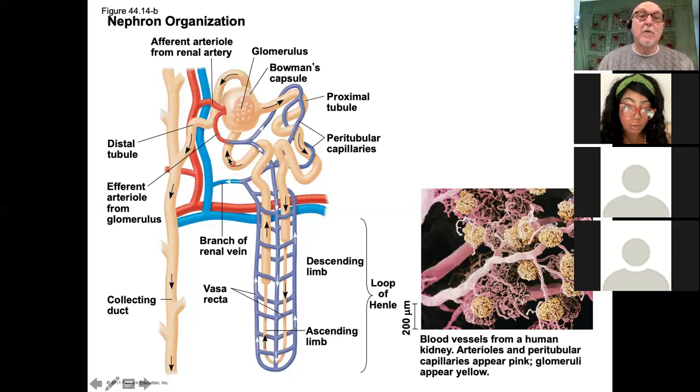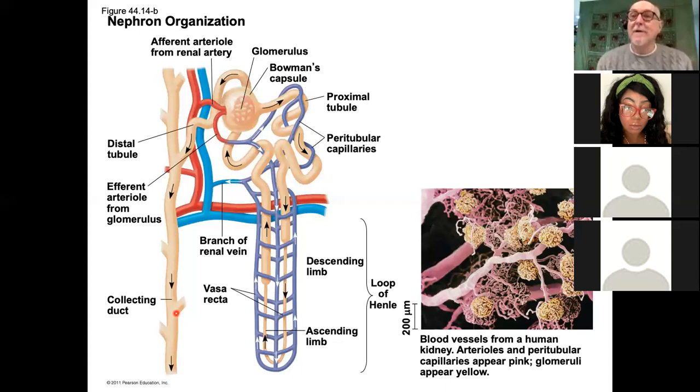Now, all the fluid has been extensively processed as it went through all of these, and can now be referred to as urine, and it is passed into the collecting duct. It's relatively dilute. If we drink our normal amount of fluids, it is relatively dilute.